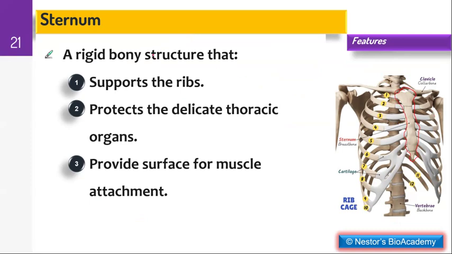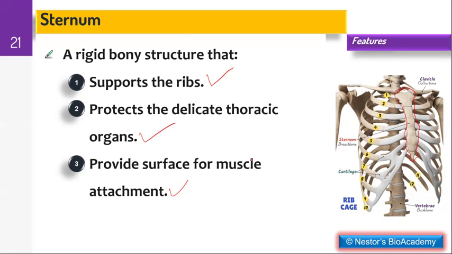So the sternum together with the ribs that make up the rib cage are very important in protecting the delicate thoracic organs. The sternum is also important in supporting the ribs, and of course it also provides surface for muscle attachment in the organisms that possess it.